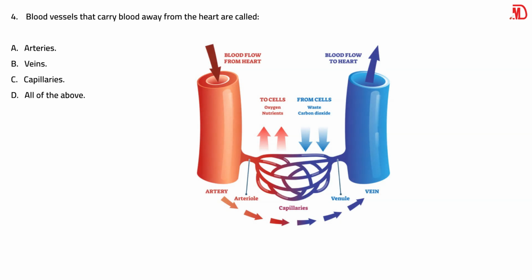Capillaries are involved in exchange of gases, that is oxygen and carbon dioxide. The correct answer is therefore A, arteries, as they help to carry blood away from the heart.